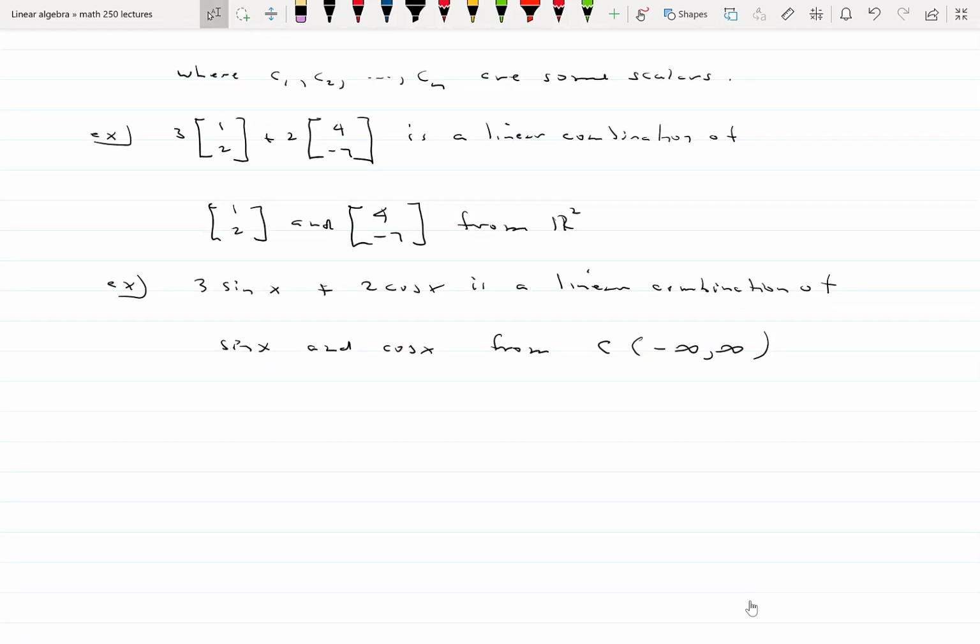Okay, another definition. We have a definition of something called the span. The span of v1, v2, v3, all the way up to, say, vn. The span of a set of n vectors is nothing more than the set of every single linear combination of those vectors.